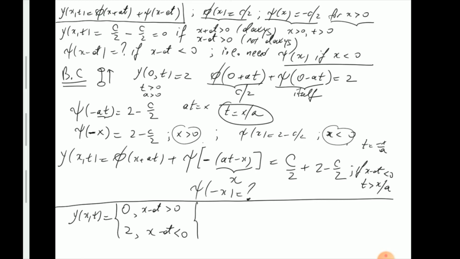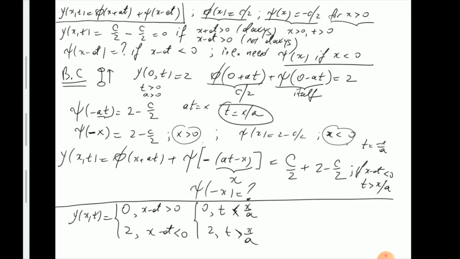In terms of conditions for time, this could be written as t less than x over a, and 2 if t is greater than x over a.